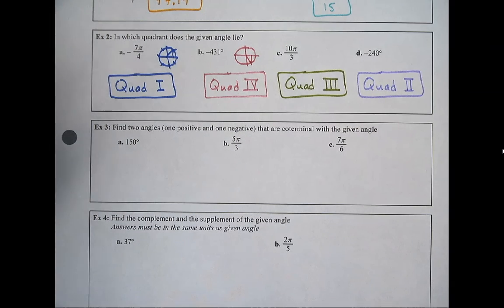Should have got quadrant 3 for part C and quadrant 2 for part D.